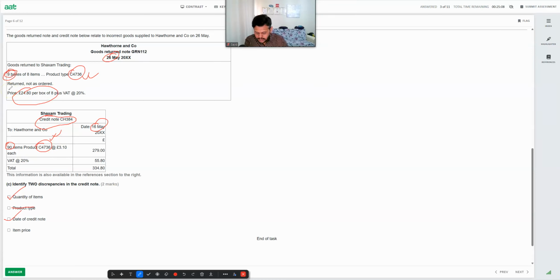So let's try that. 24.8 divided by 8, that is 3.10. So per item is 3.10, so it's matching as well. It's not a problem. The problem is with the quantity, and the problem with the date. Other than this it looks okay.